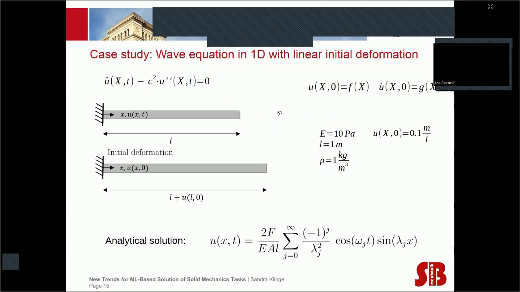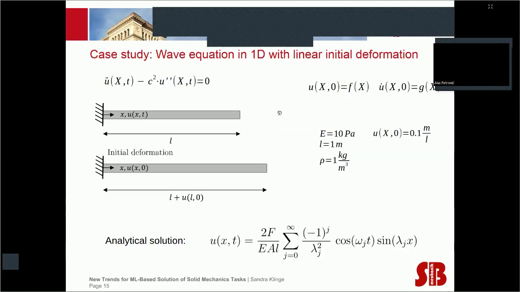And then the application of this model, I would like to show as a very simple but challenging example. We consider here a bar longitudinal oscillation for the case that we have described only the initial displacement in the very first moment.